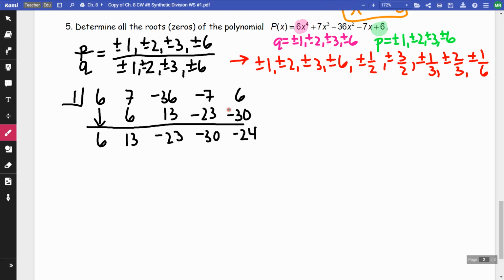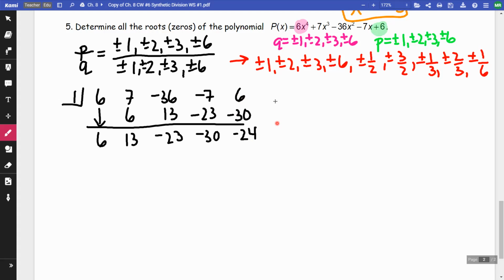Now, something I'm going to say is when I am looking at this polynomial, if I put 0 in for each of these x's, to see what happens when my x is 0, I would get this 6. At 0, I am 6 above. At 1, I am -24 below.